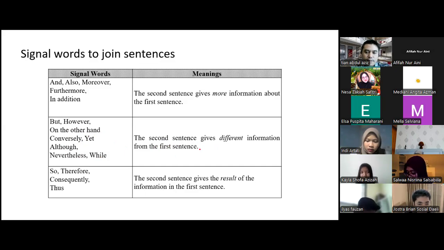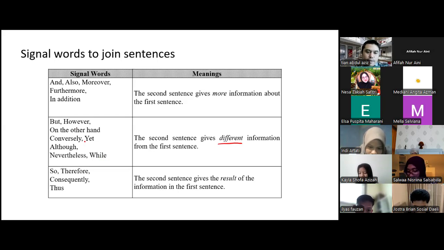Here we highlight the word different, different information. We add some opposite information, the different information.